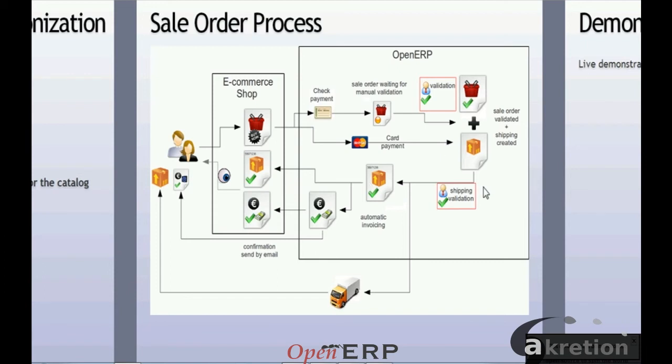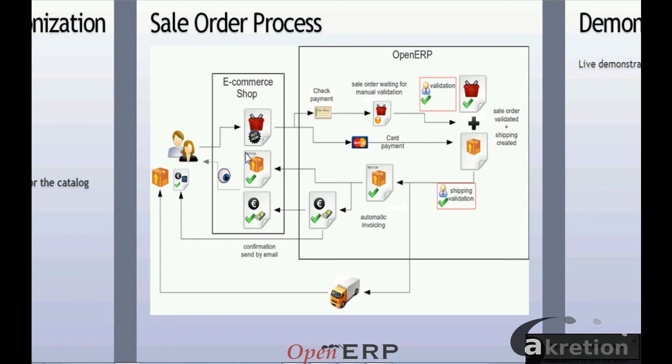Then when you validate the picking, you have automatic invoicing. Normally in OpenERP you have to validate the invoice manually, and it's a waste of time. So now you just validate the picking, and then the invoice is created and validated, and then we push the invoice to Magento, and it's the same for the picking.